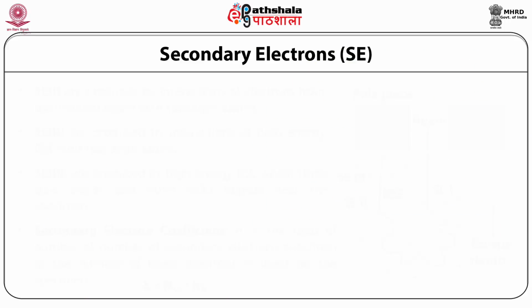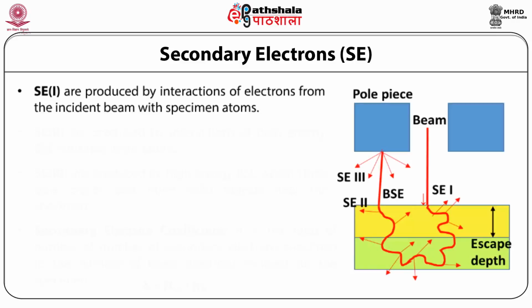The secondary electrons are generated by three different mechanisms. The SE1 are produced by interactions of electrons from the incident beam with specimen atoms. These SEs are produced in close proximity to the incident beam and represent a high lateral resolution signal.